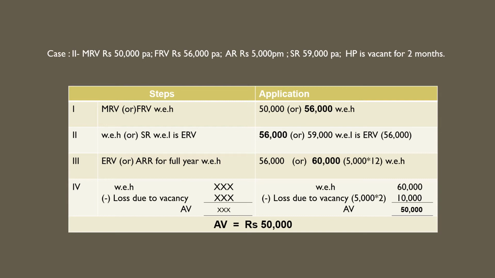Now here in this case, we know that the house is vacant for 2 months and the actual rent is 5,000 per month, which sums up to 10,000 as vacancy. So the annual value will be 60,000 minus 10,000, which is 50,000.